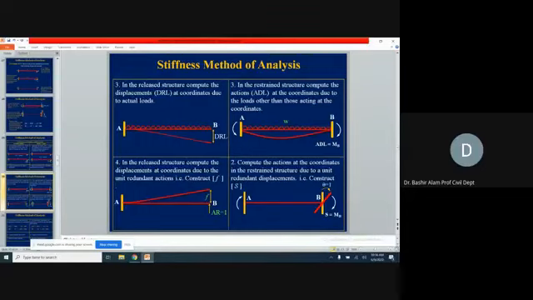This was in the release structure; here it is in the restraint structure. Compute the actions, which are ADL values, at the coordinates due to the loads other than those acting at the coordinates. The loads acting at the coordinates we include in the AD matrix, so you don't need to re-include them in this matrix. You will have to exclude them.